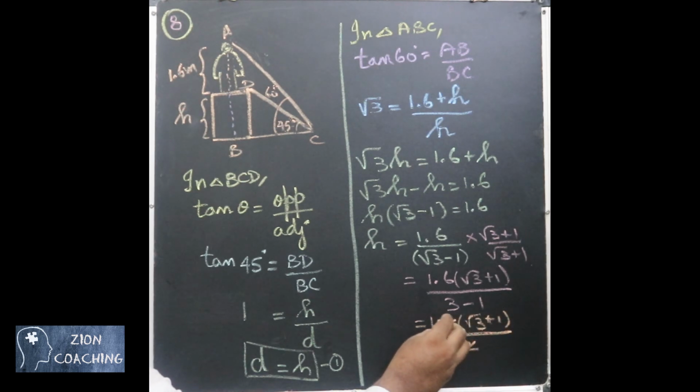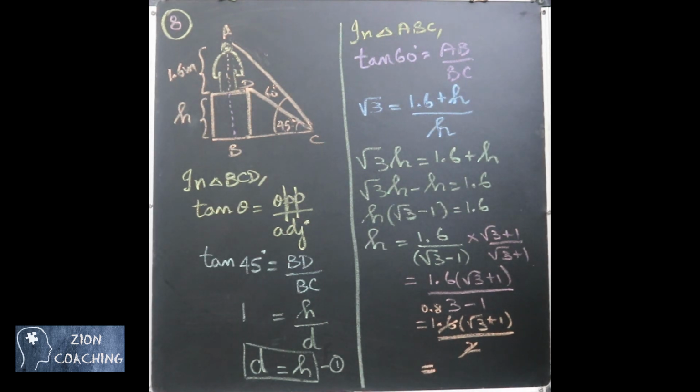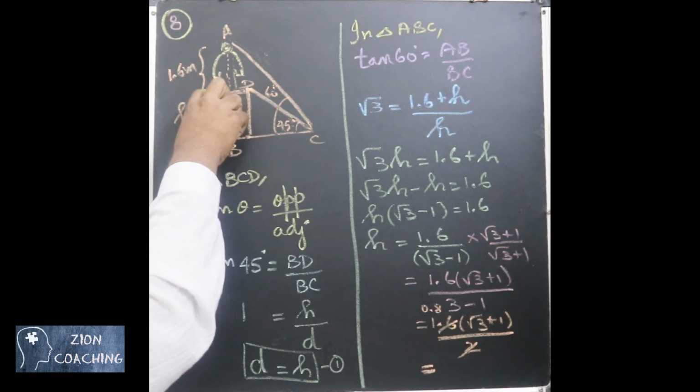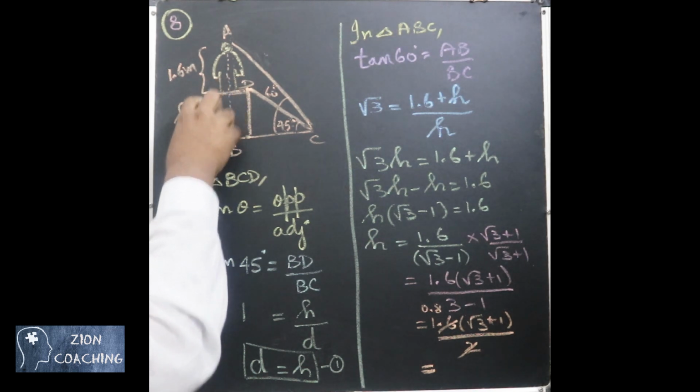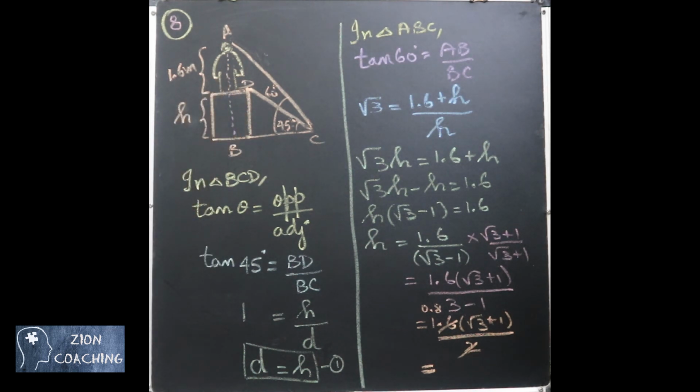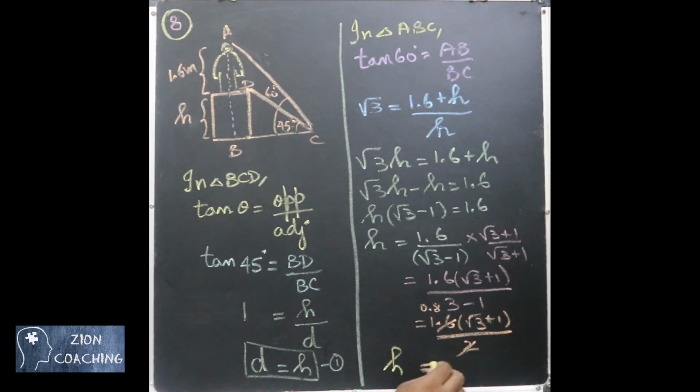When you cancel, you will get 0.8, since 0.8 into 2 is 1.6. So the h is nothing but the height of the pedestal. That is what we have to find out. We have h is equal to 0.8 into root 3 plus 1 meter. This is the height of the pedestal.